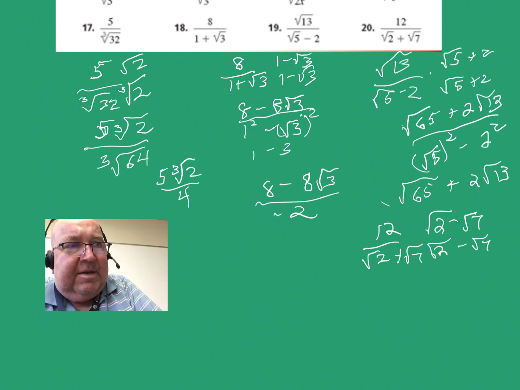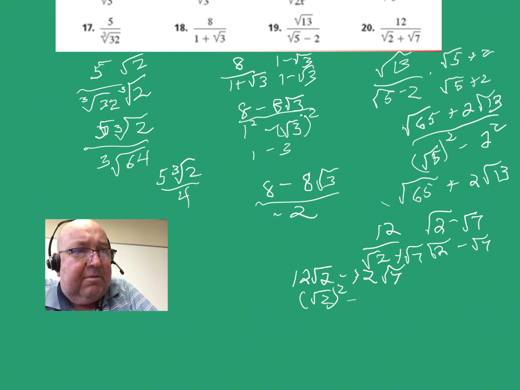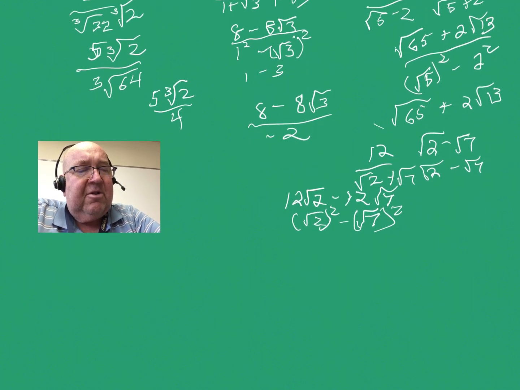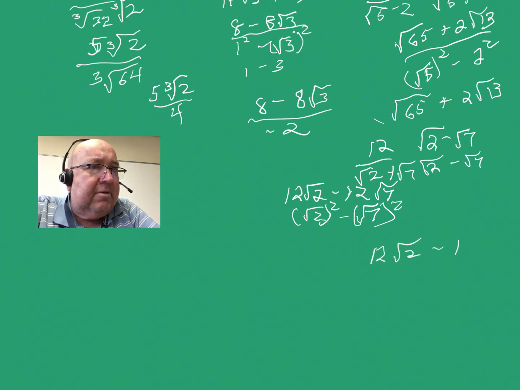We distribute, we get 12 radical 2 minus 12 radical 7. And on the bottom we get radical 2 squared minus radical 7 squared. So that will be 2 minus 7, so it'll be negative 5. The answer is 12 radical 2 minus 12 radical 7 over negative 5.